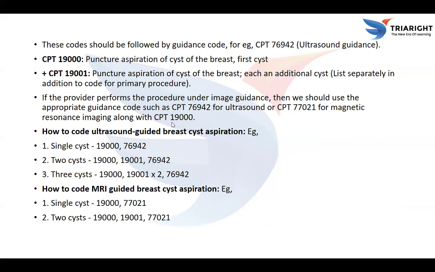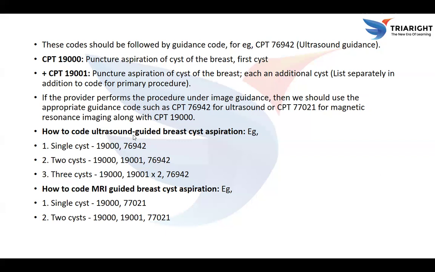So for imaging guidance, we generally assign 76942 and 77021. This is a primary procedure which must be billed alongside an appropriate guidance code, which covers the physician supervision and interpretation of the imaging. 76942 is for ultrasonic guidance for needle placement, and 77021 is for magnetic resonance guidance for needle placement, that is MRI guidance.